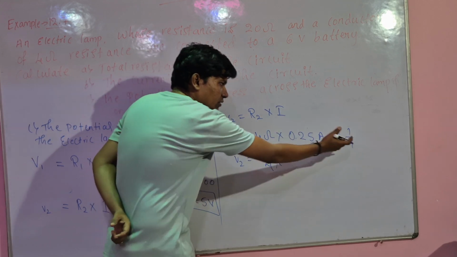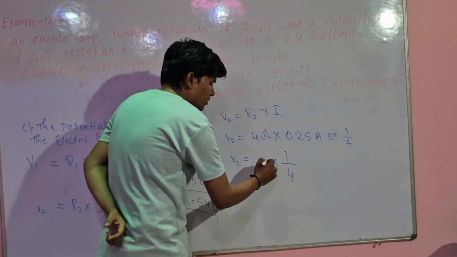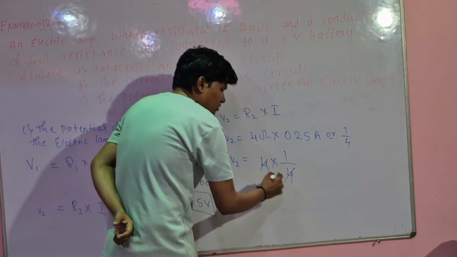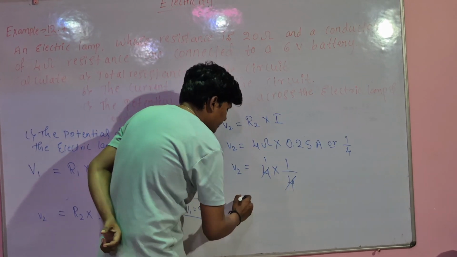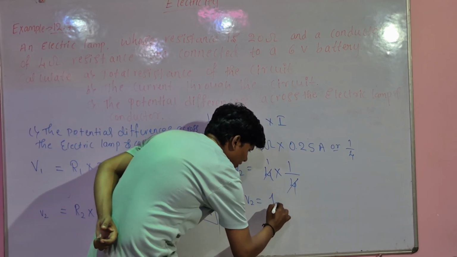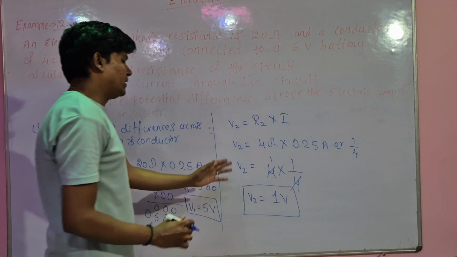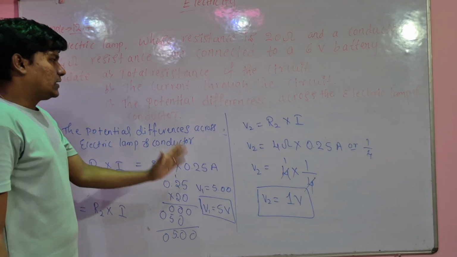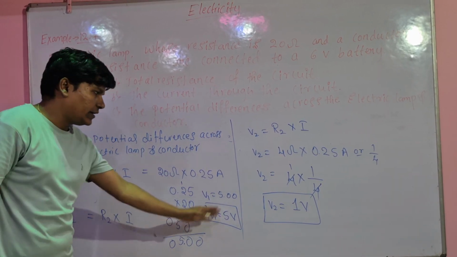Now solve 1 divided by 4: 4 ones are 4, cancel, and we get 1. So V2 is 1 volt. This is the final answer for the conductor and the electric lamp, V1 and V2.